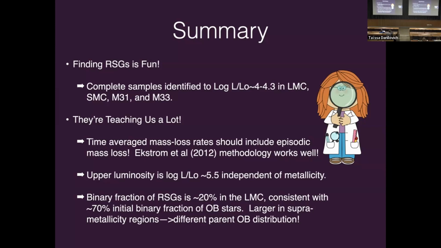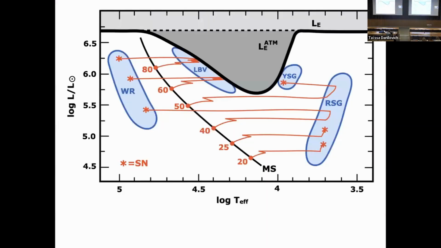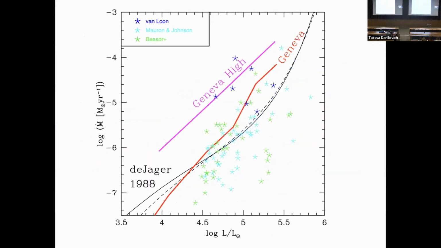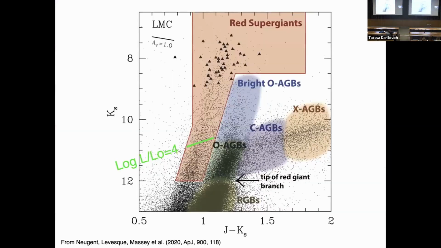Hello, thank you for a nice talk. The first question: when you showed the color magnitude diagram of the LMC, it seems that the faint end of the red supergiant branch extends down below the tip of the red giant branch. So what are these stars? Right.